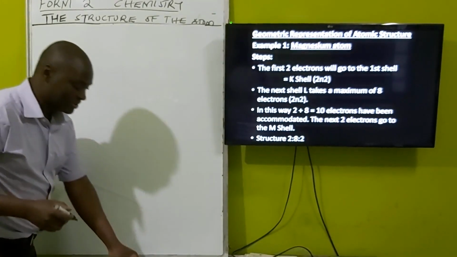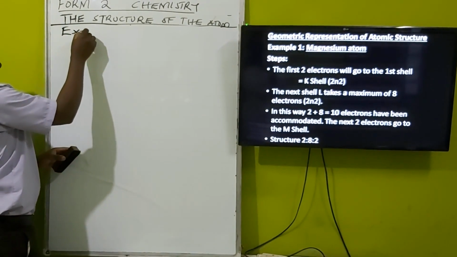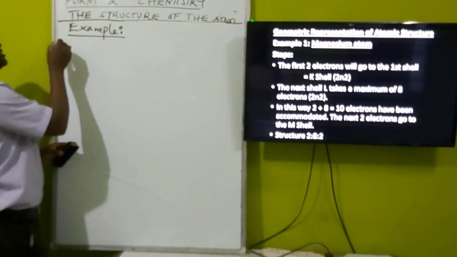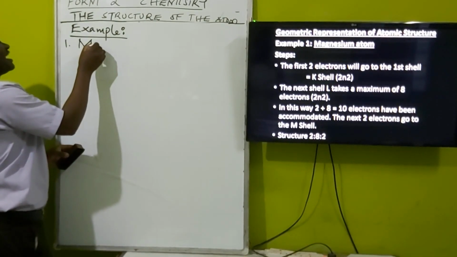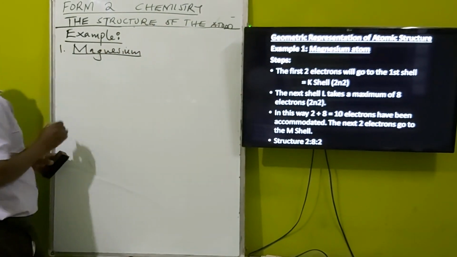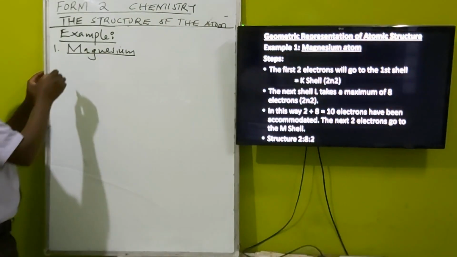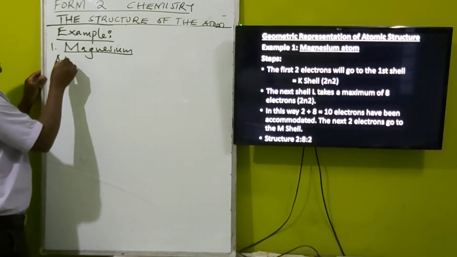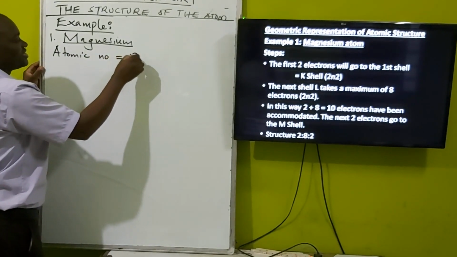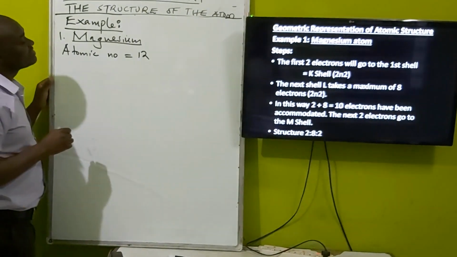Our first example is going to be this element that we call magnesium. This is our first element. Now, this element, its atomic number is 12. That's one thing we have seen earlier.